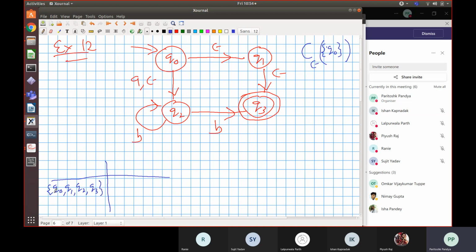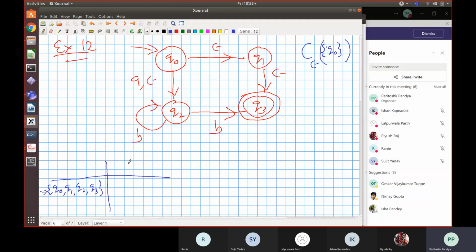I can start in this set of states. Why is that? Because initially I can take epsilons and I can reach any of these. So I can begin absorbing the letters of the word after doing these epsilons by transiting to any of these states, so I can start in either Q0 or Q1 or Q2 or Q3. Because of these epsilons, this is my start state in my DFA.